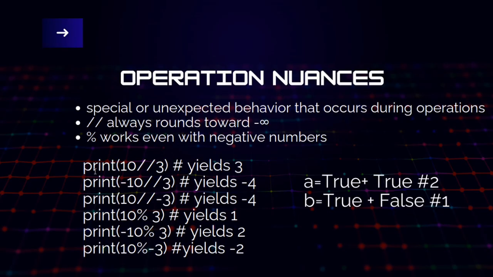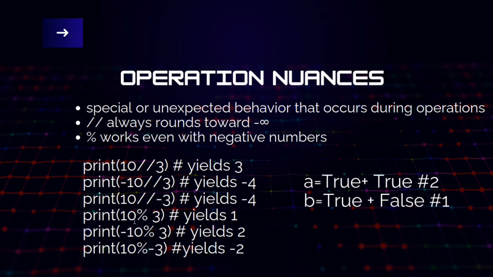For example, print(10 // 3) gives 3. print(-10 // 3) gives -4. -10 divided by 3 is -3.333, whose floor value is -4. print(10 // -3): 10 divided by -3 is -3.33, whose floor value is again -4.